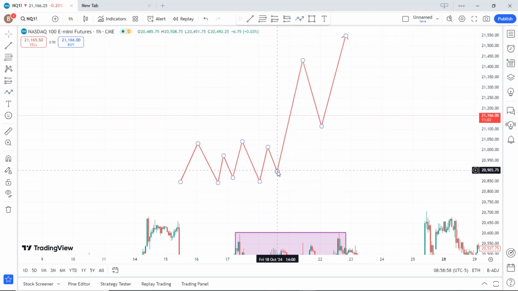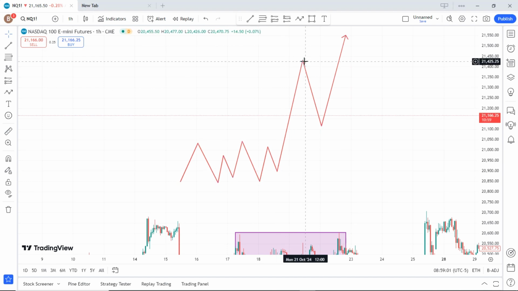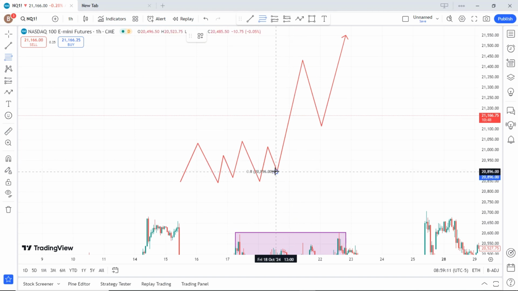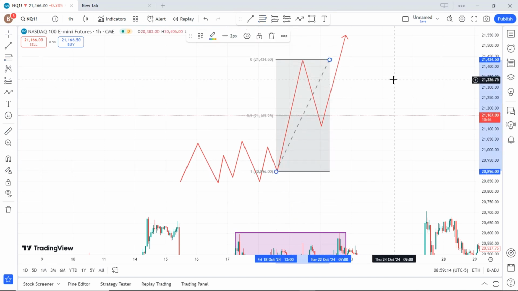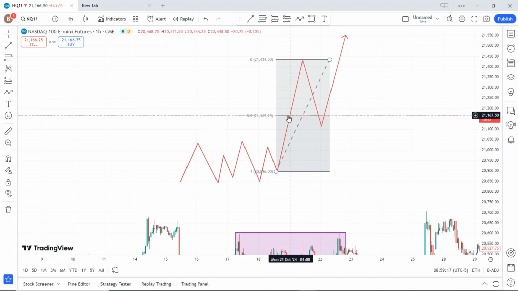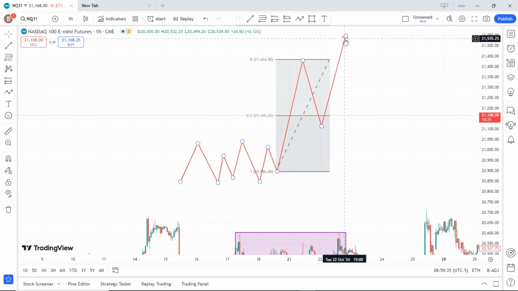So if this is the expansion leg, I'm going to use a fib, calibrated from 0. I use it more as a ruler just to find half range. So from this high to this low is the expansion leg. And the retracement, you see that at least it went lower than 50%. The true retracement is something of at least 50% before the next expansion leg.